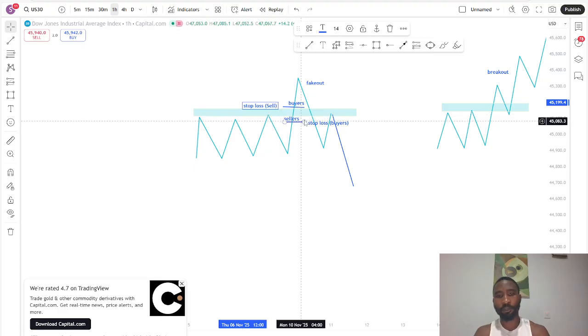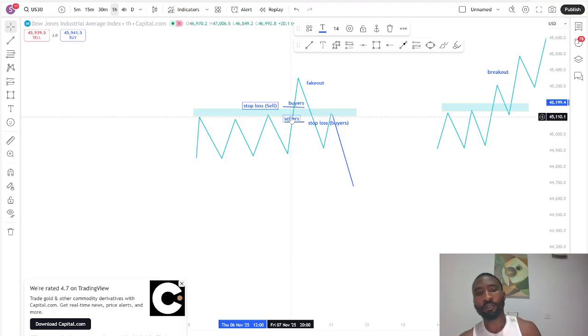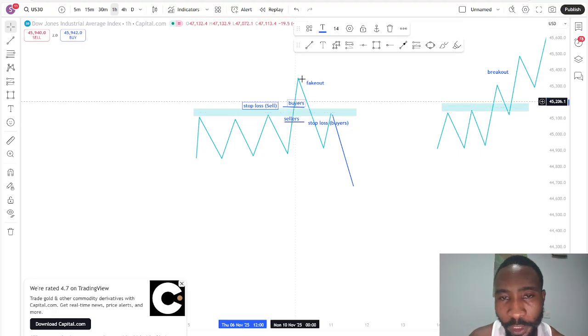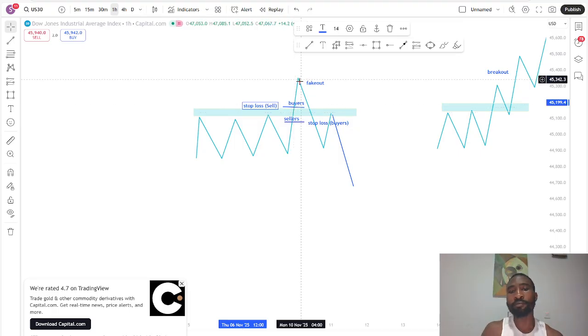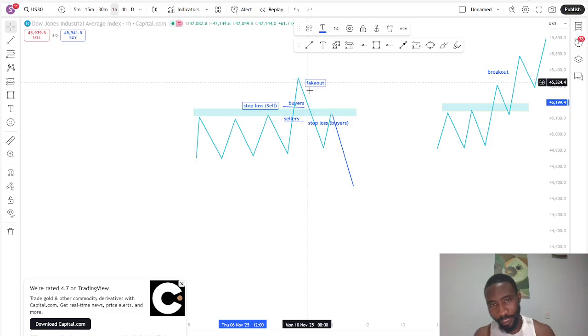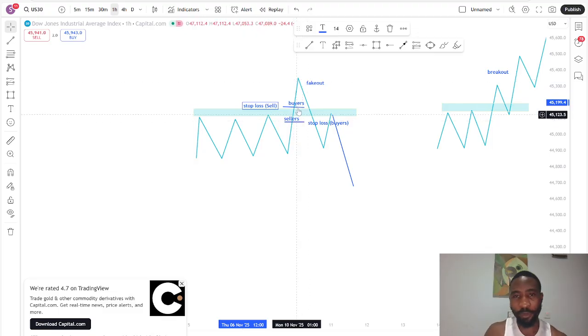Then we have the stop loss for buyers below this resistance level. So what the market is doing right here, if we go and take the stop loss for sellers, then it will come back again and take the stop loss for buyers.